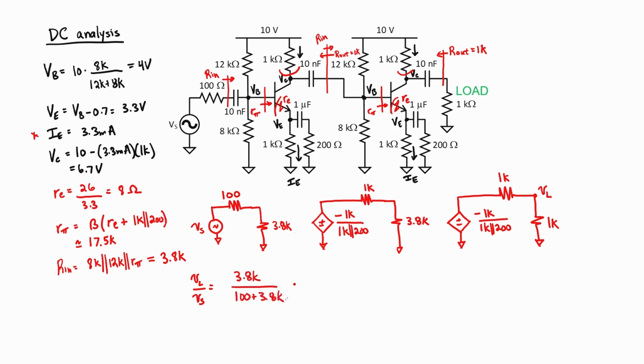First, we have our input voltage divider, the gain of our first amplifier, our output stage of the first amplifier, and our input stage to the second amplifier. It's all in this one expression. Our gain for the second amplifier, and then finally our output stage of the second amplifier.